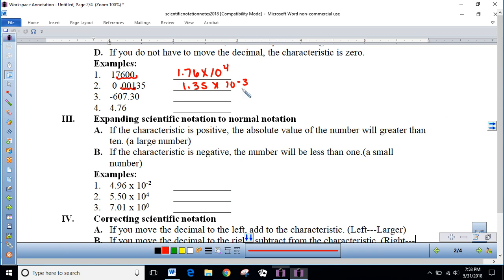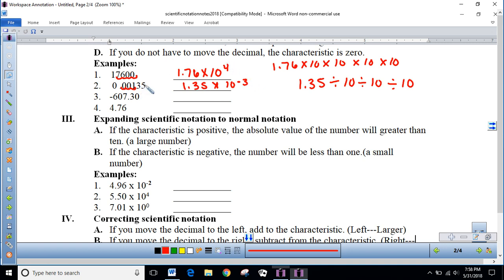The negative third tells the calculator, or you, to divide by 10, divide by 10, and divide by 10. And that's how we would get a decimal number. This tells our calculator to multiply by 10, four times, and there you would get 17,600. So just think about your exponents, whether you're multiplying by 10 or dividing by 10, to get that value.